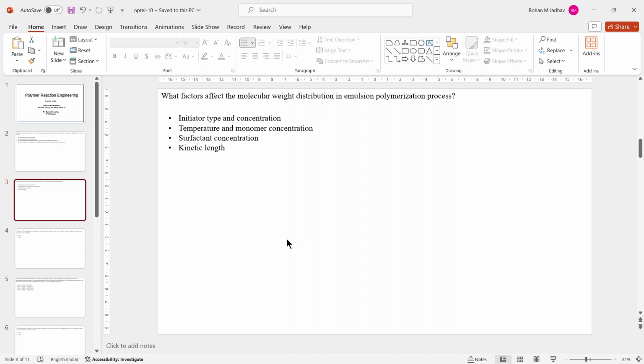Molecular weight distribution would depend on the initiator and its concentration. Can you explain in what manner? It would be dependent on how much we are initiating the polymerization.